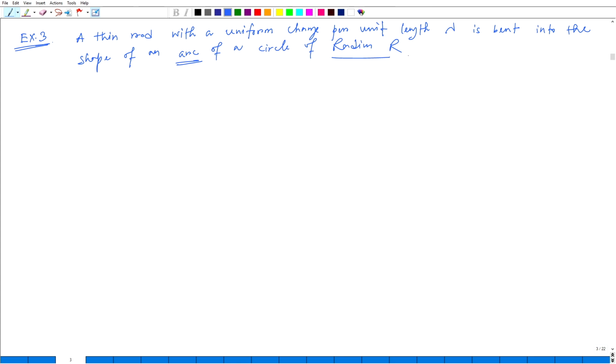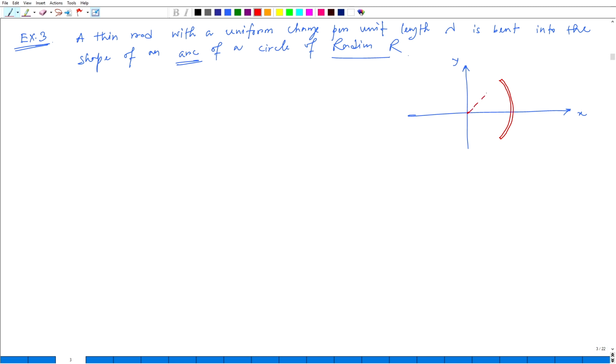And the arc subtends a total angle 2 theta naught and is symmetric about the x axis. I have not written it, I just draw the picture. So, if we draw the x axis and y axis and consider an arc, this arc is symmetric about the x axis, and the total subtended angle is 2 theta naught.